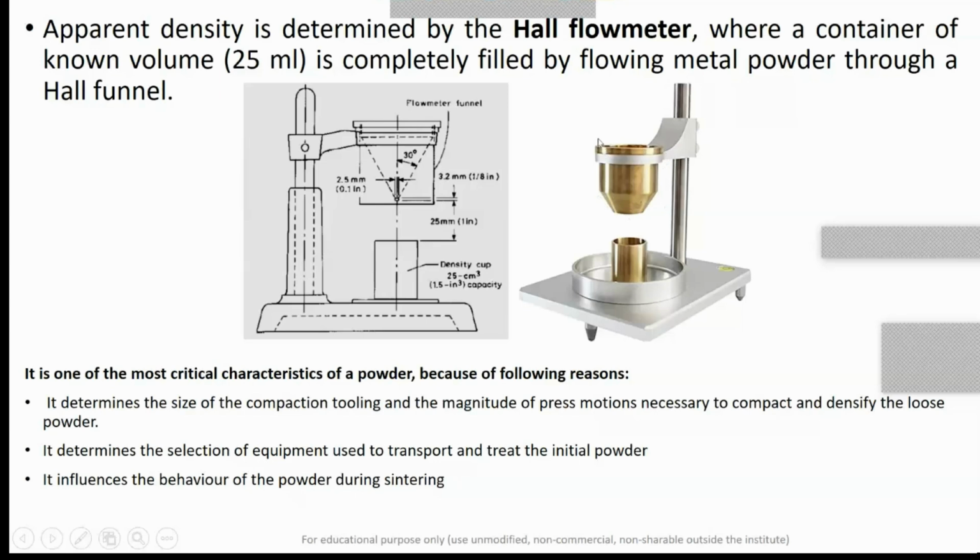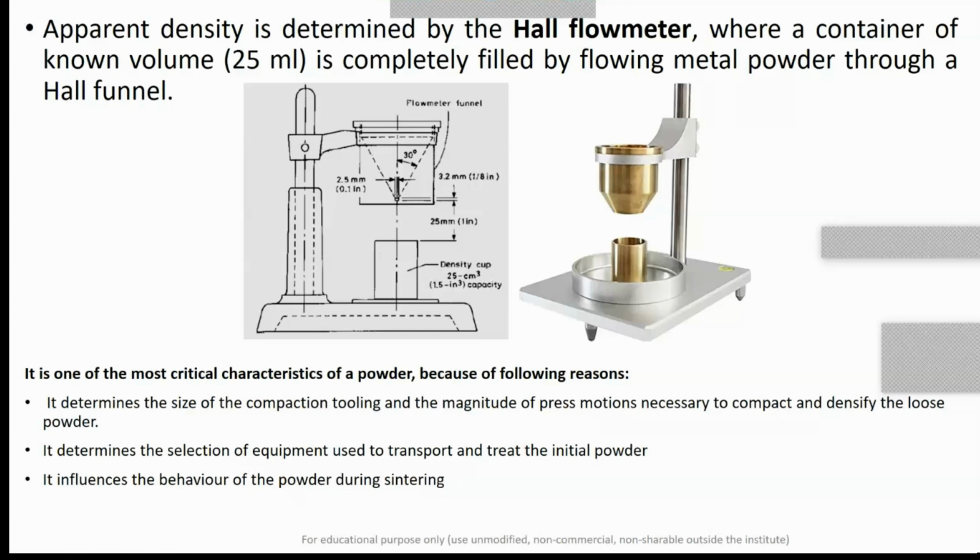They have decided this particular volume, and then there is a funnel known as the Hall funnel. You continuously pour your powder into this cavity, and all the powder particles flow and fill the cylinder placed at the bottom of this funnel. Now you have the known volume.